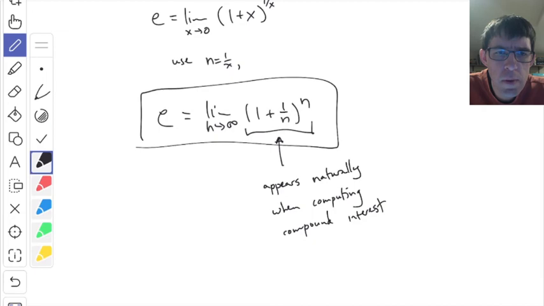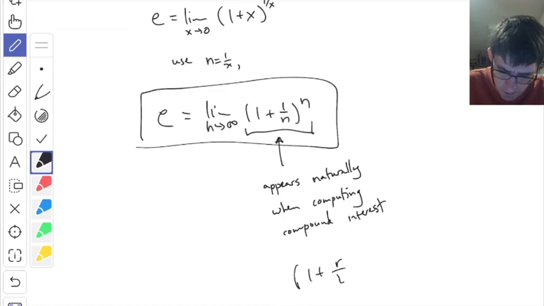You probably did some examples like this in high school once. Formulas involving compound interest look like that. The formula typically looks something like (1 plus r over n) to the power nt, where r is the interest rate, t is the time, and n is the number of compoundings per time period.